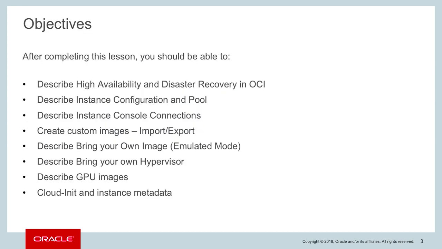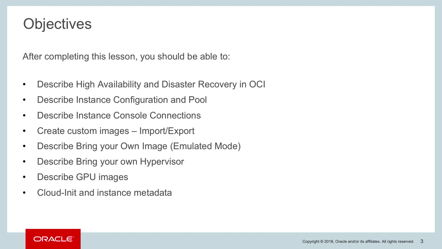All right, so in this lecture, we'll dive deeper into the OCI compute service and talk about concepts and look at various features for compute. After we finish this lesson, you should be able to describe high availability and disaster recovery in OCI, and understand how instance configuration and pool works.